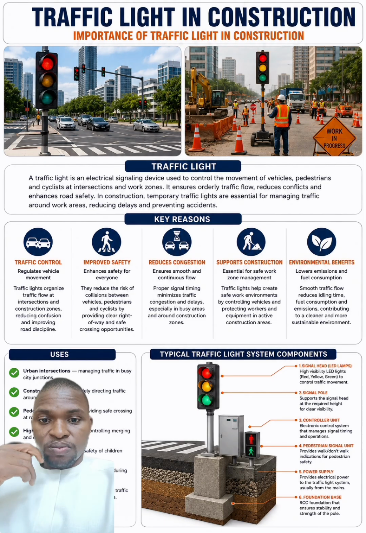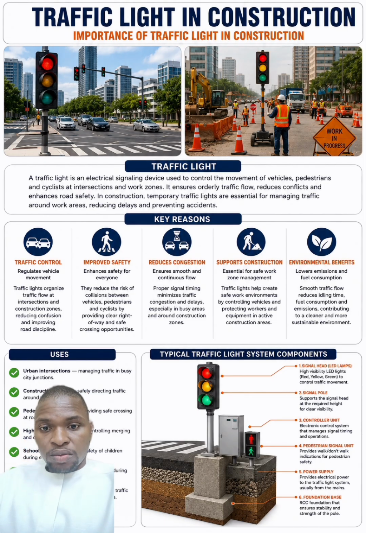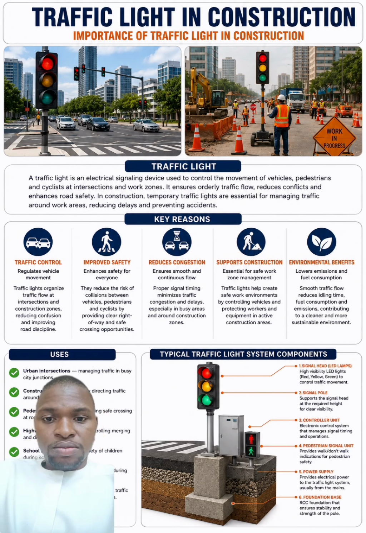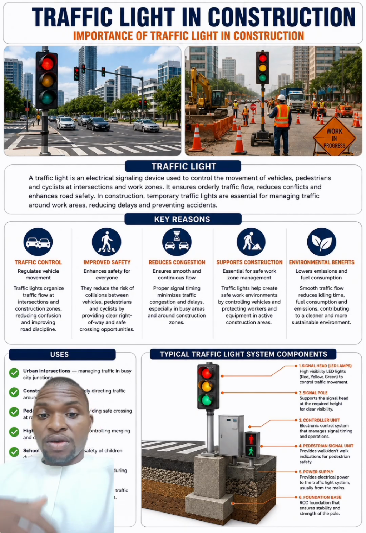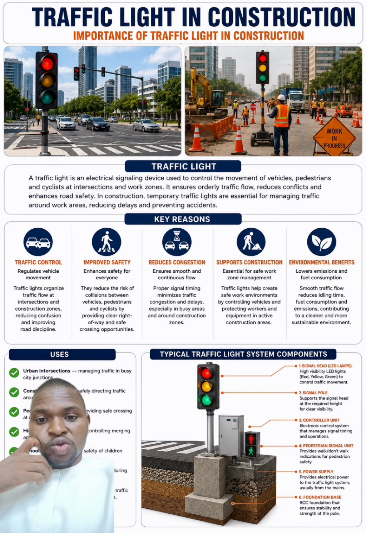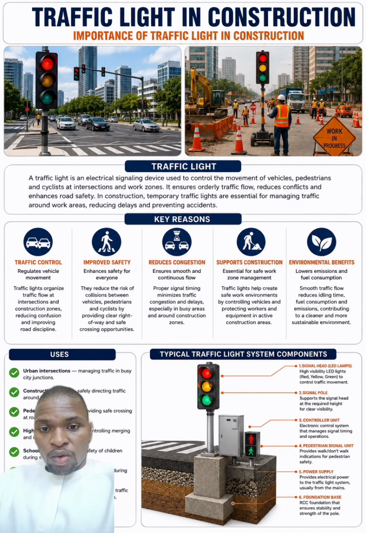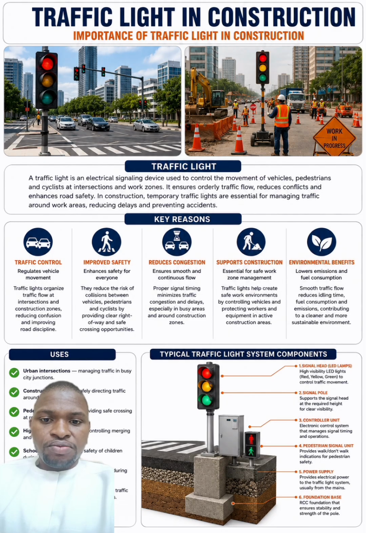The next point is reduced congestion. With road traffic lights, congestion is usually reduced because it helps to direct the movement of vehicles, the ones that are stopping and the ones that are going. So with that, there is little to no congestion. They ensure smooth and continuous flow. Proper signal timing minimizes traffic congestion and delay.